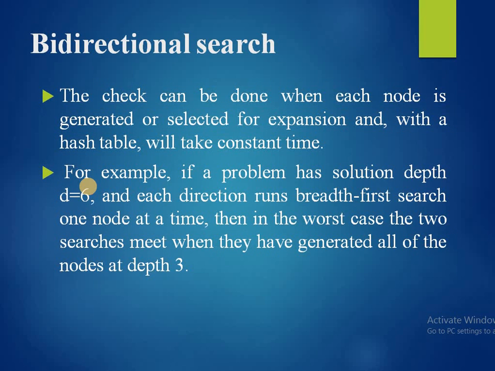The check can be done when each node is generated or selected for expansion, and with a hash table it will take constant time. For example, if a problem has a solution at depth d equal to 6 and each direction runs breadth first search one node at a time, then in the worst case the two searches meet when they have generated all of the nodes at depth 3.